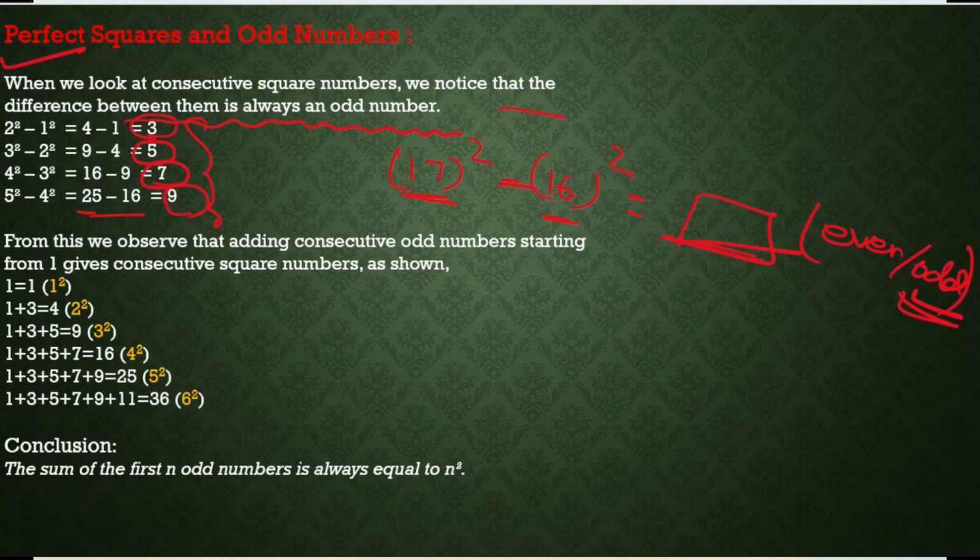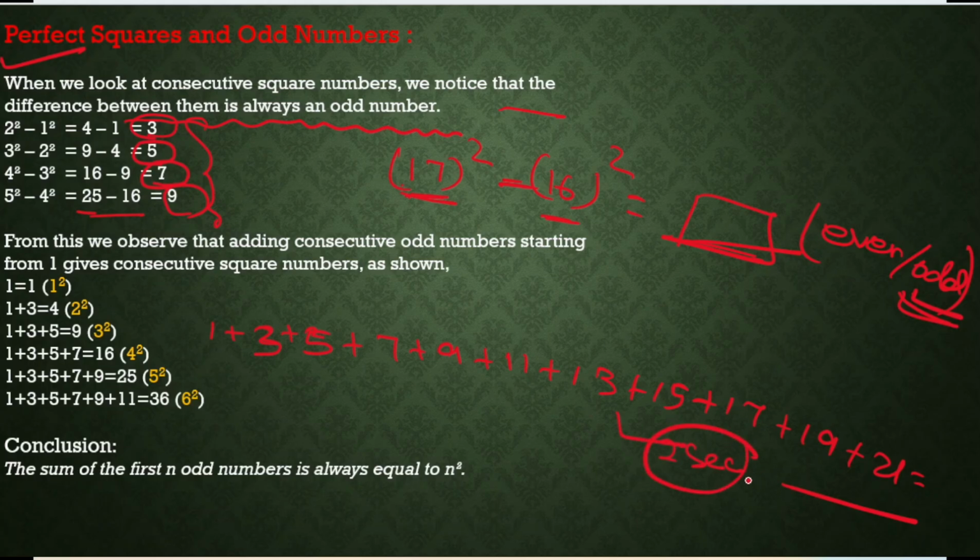That is 4 square. So if you are given the question 1 plus 3 plus 5 plus 7 plus 9 plus 11 plus 13 plus 15 plus 17 plus 19 plus 21, what is the result? I give you 2 seconds to find it. Is it possible?